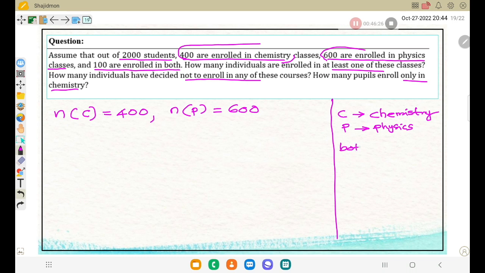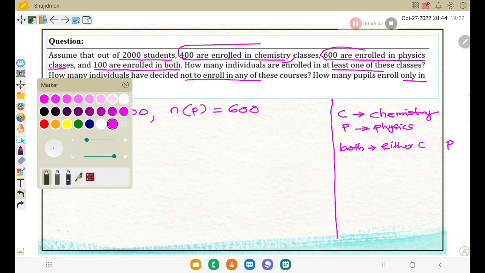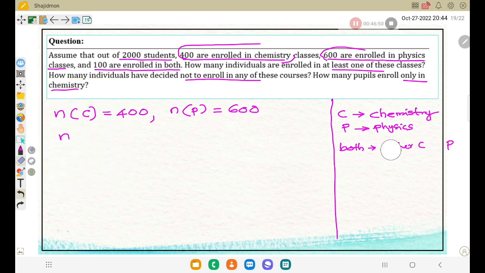Now 100 are enrolled in both. What is the meaning of both? Sorry, not or. Both means students are enrolled in physics and chemistry.